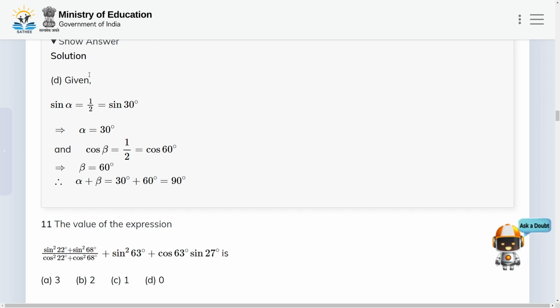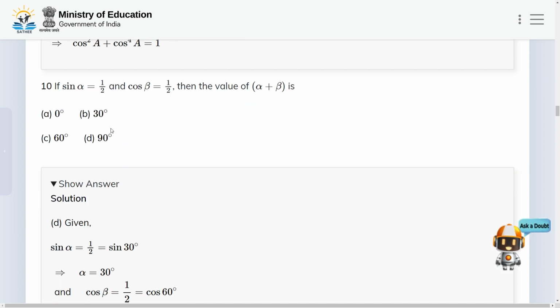In option D we have the 90 degree value, so the correct answer is option number D.